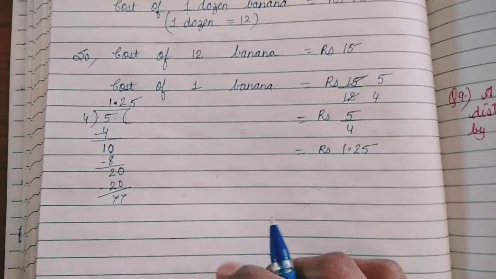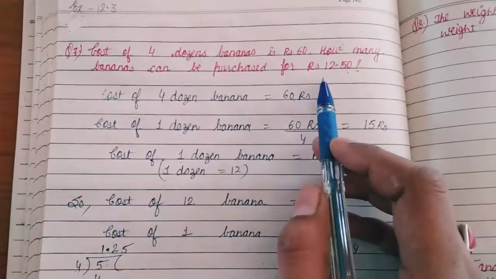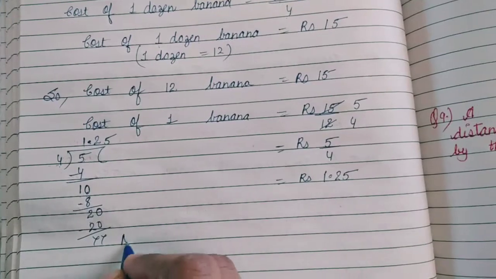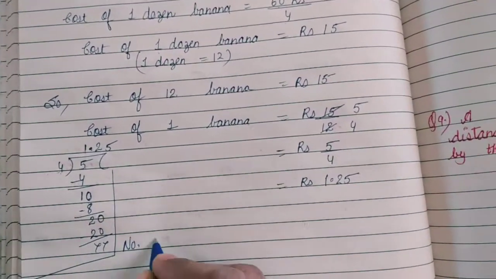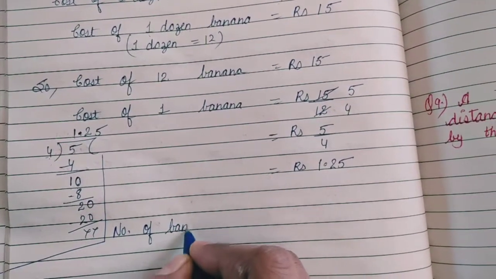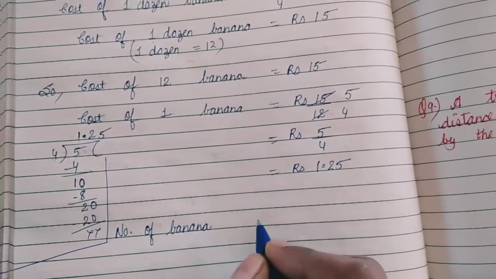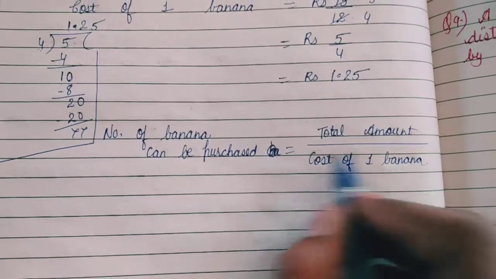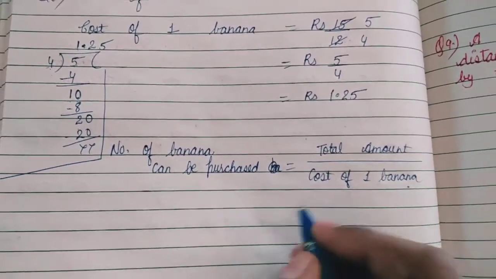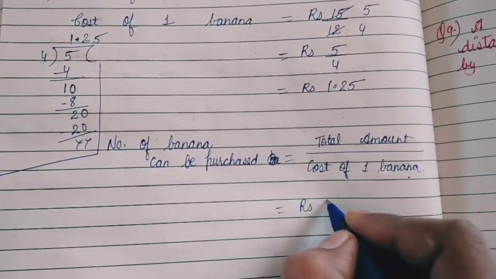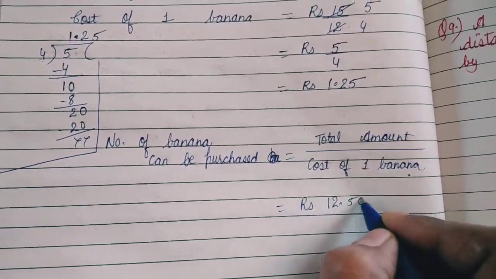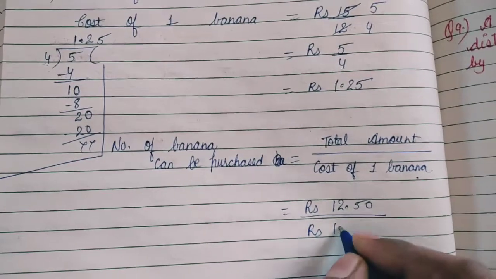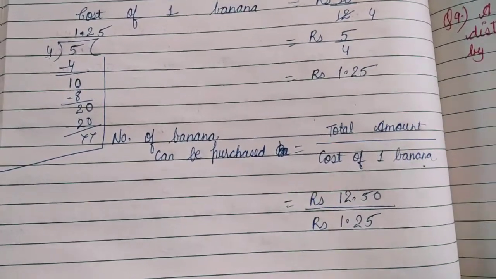But we have the total amount of rupees 12.50. The number of bananas that can be purchased in rupees 12.50 is the total amount divided by the cost of 1 banana. We have the total amount rupees 12.50 and the cost of 1 banana is rupees 1.25.